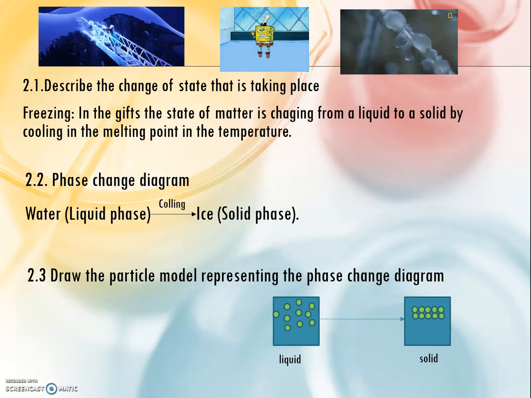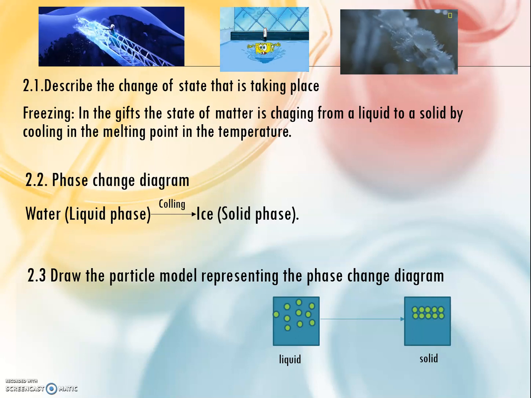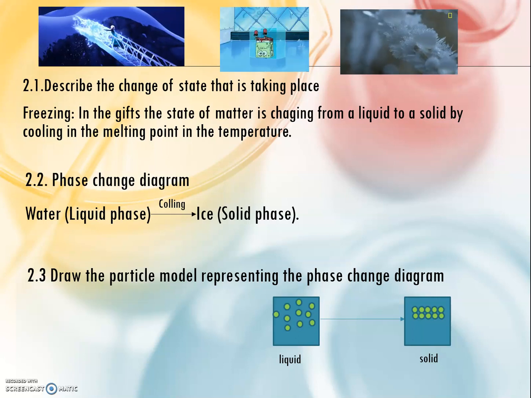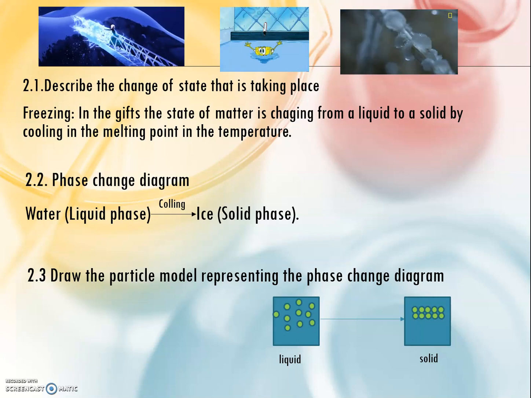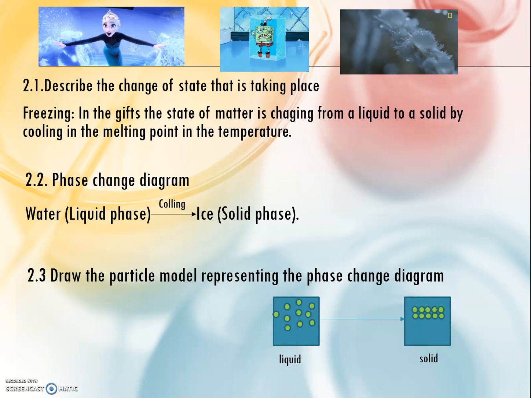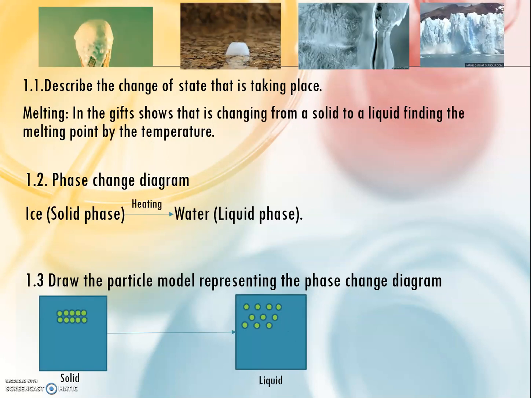Describe the change of state that is taking place. Freezing. In the GIF, the state of matter is changing from a liquid to a solid by cooling at the melting point temperature. The phase change diagram: water, that is liquid phase, is transformed by cooling into ice.